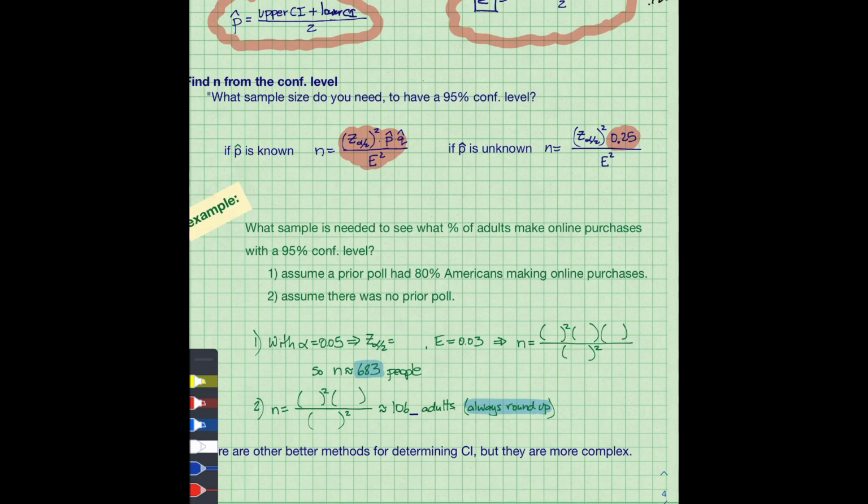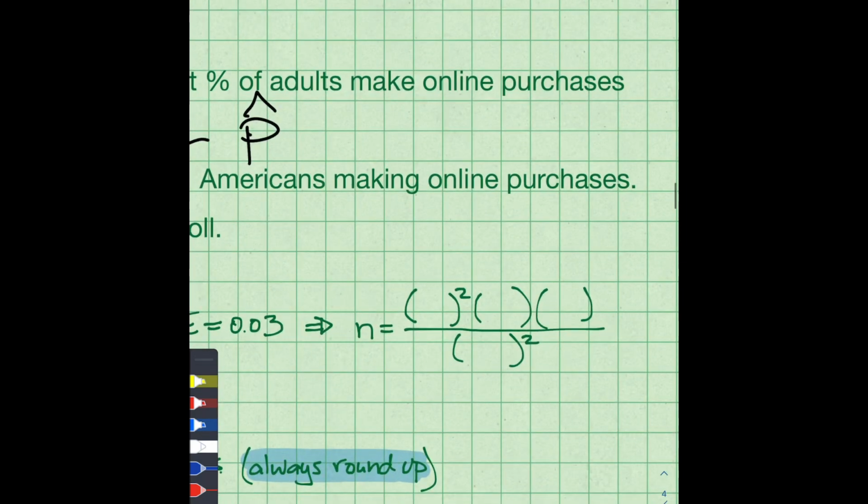Fine. Okay, so let's use the 0.8 as my p hat. So 0.8, 0.2 is my q hat. And then confidence level, I want to be 95% certain, so there's my z-score. And then I want to divide by my error, in this case, 3% error.